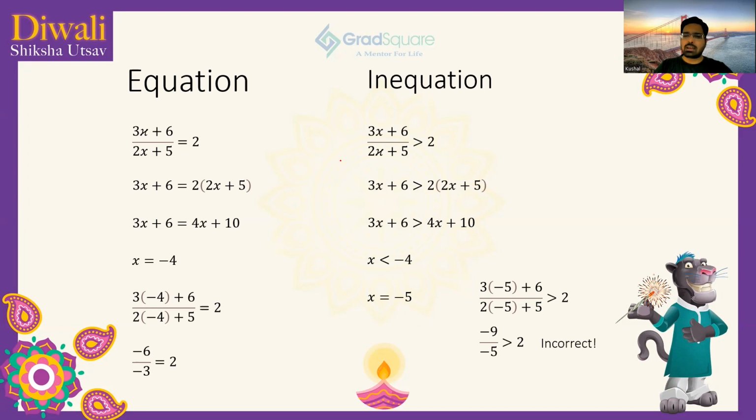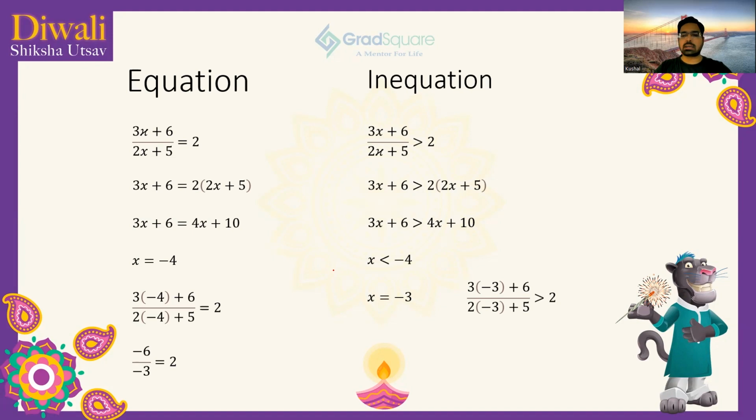Let's choose one more value. In our original solution x less than minus 4, we had neglected all the values greater than minus 4. Let's now choose a value of x which is greater than minus 4 and see if that satisfies. If you choose x as minus 3 and put it back into the inequality, it is 3 times minus 3 plus 6, divided by 2 times minus 3 plus 5.